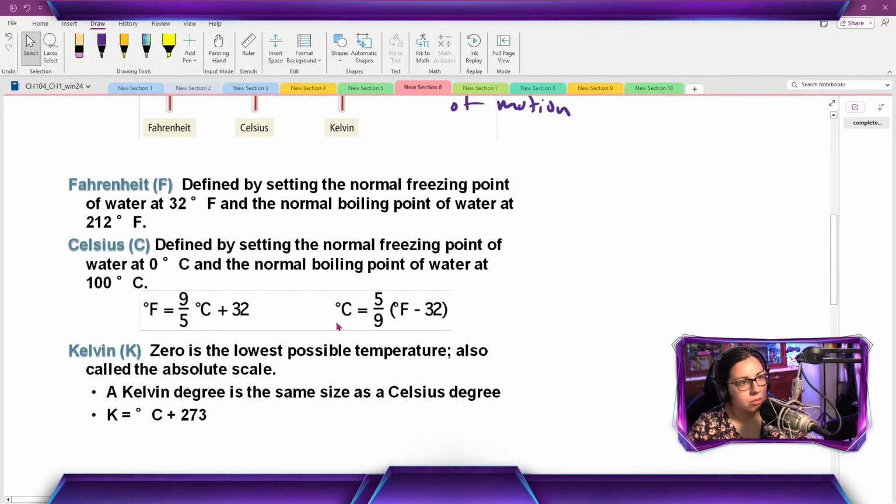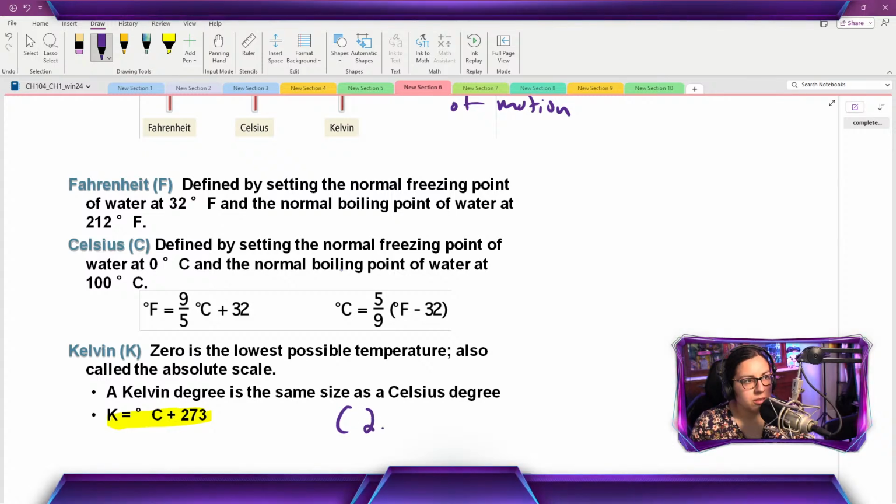So we can convert by our temperature Kelvin equals our temperature Celsius plus 273. And sometimes you see this more precisely written as 273.15. But usually we don't measure temperature that accurately, so using 273 is just fine.